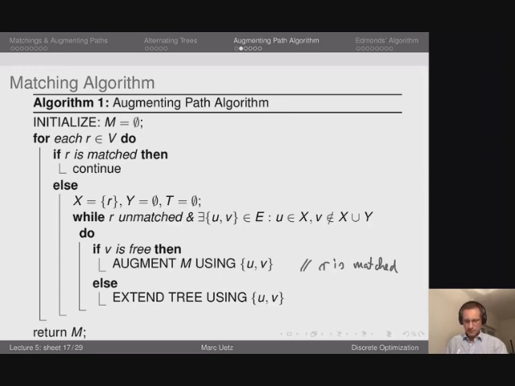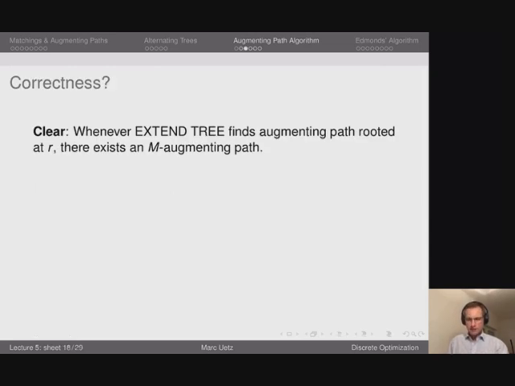Now let us collect some observations about this matching algorithm. So one thing is clear: whenever this extend tree finds an augmenting path that is rooted at R, there also exists an M augmenting path because we just have found it, right? So this is how we constructed the alternating tree.